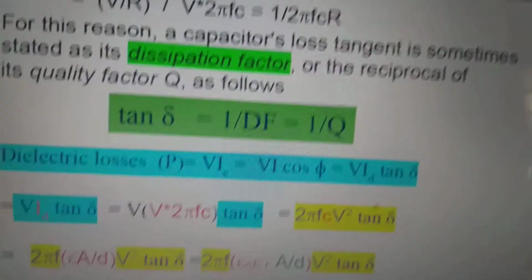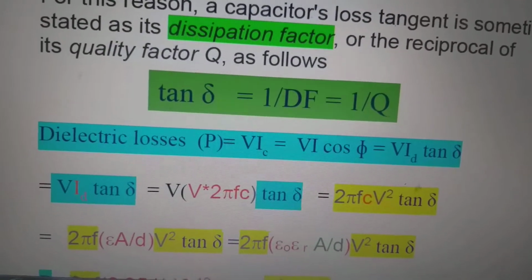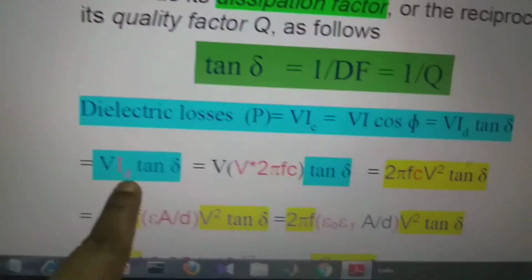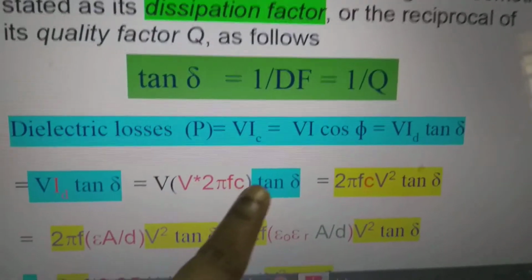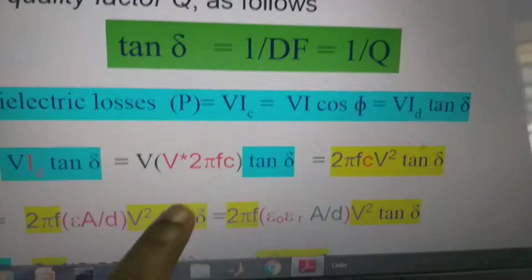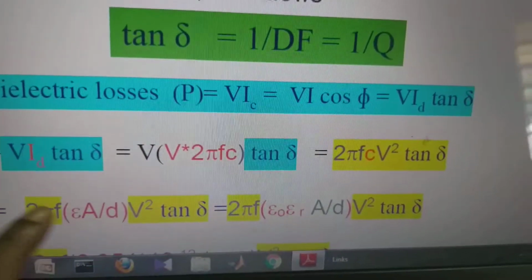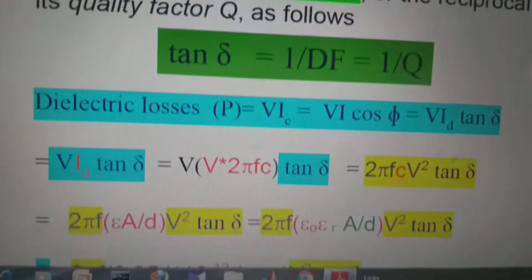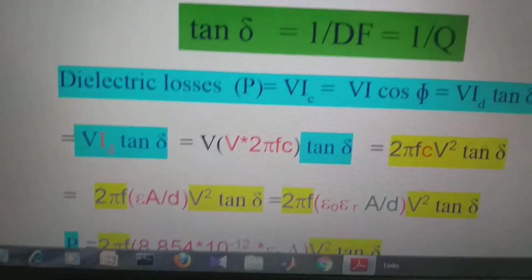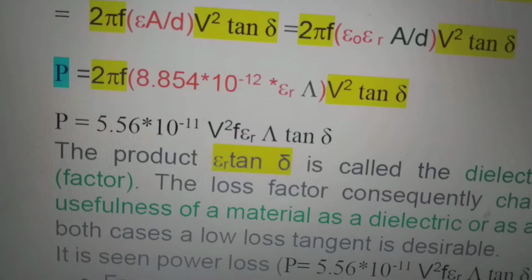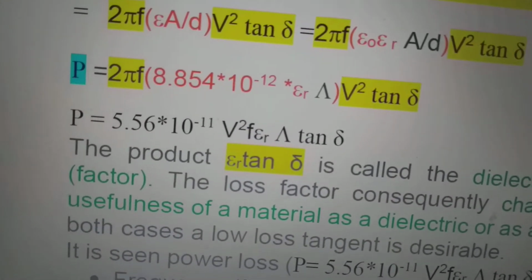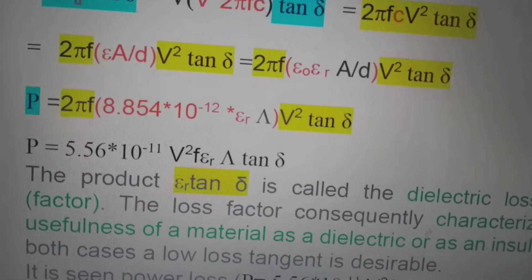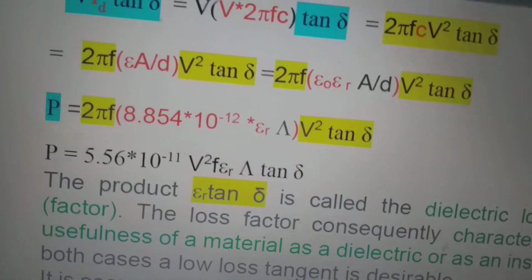Now the dielectric loss P is equal to V into IC, or V ID tan delta. ID is replaced by V into 2 pi F C, then tan delta, giving 2 pi F C V squared tan delta. In the general formula, C is equal to epsilon A by d. Multiplying and simplifying, P is equal to 5.56 into 10 power minus 11 V squared F epsilon R lambda tan delta, where lambda is A by d.